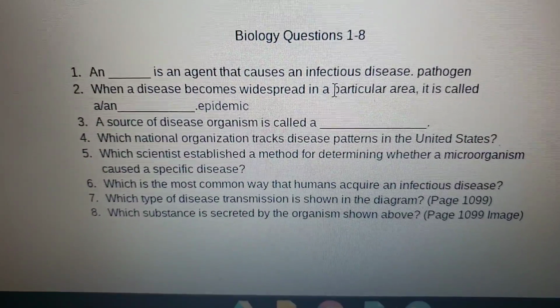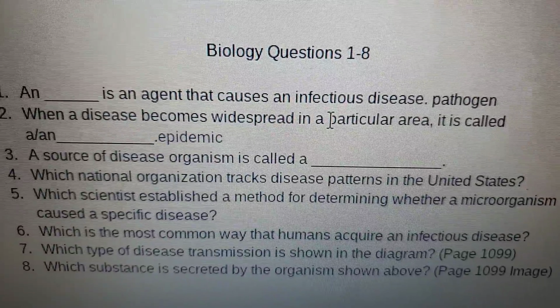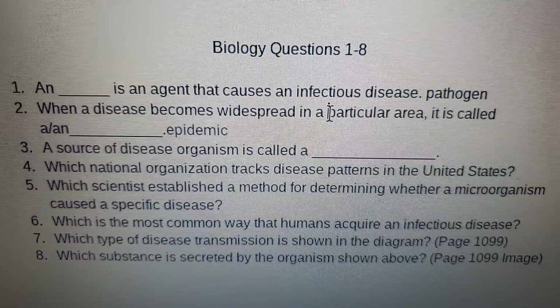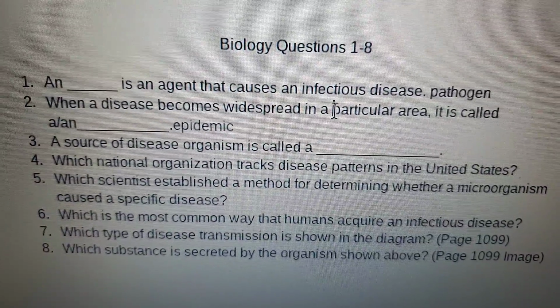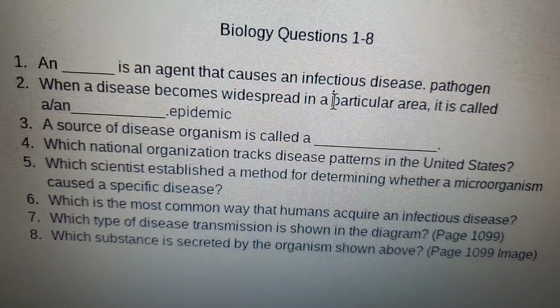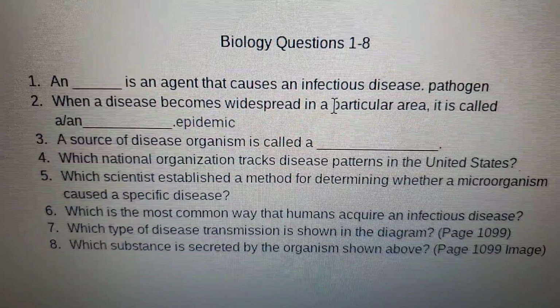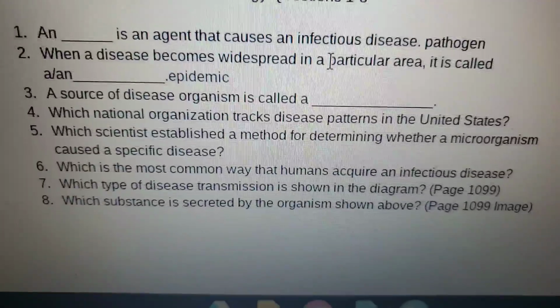A pathogen is an agent that causes an infectious disease. And you can see I put pathogen at the end of that sentence. When a disease becomes widespread in a particular area, it is called an epidemic. A source of disease organism is called a reservoir. Okay, I didn't type it there.